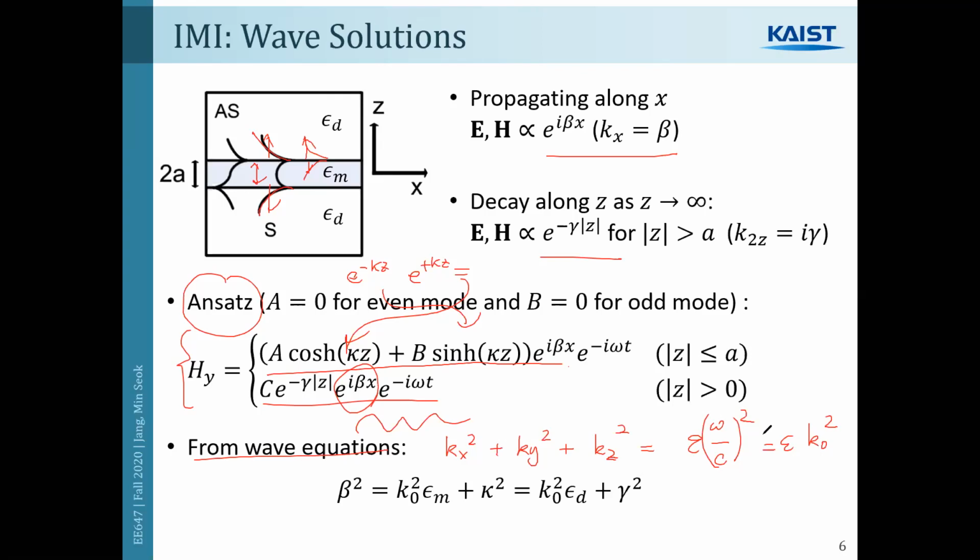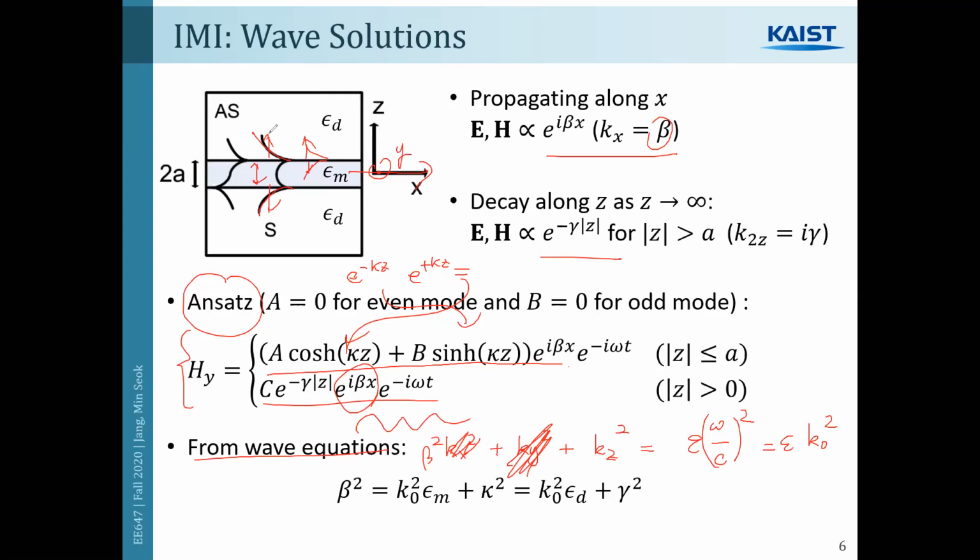Okay, so this is true for all waves, right? Any wave should satisfy this condition. And we know that along the y direction, there's no variation, so we can ignore this. Along the x direction, the wave propagates. So kx is beta, right? So this becomes beta squared.